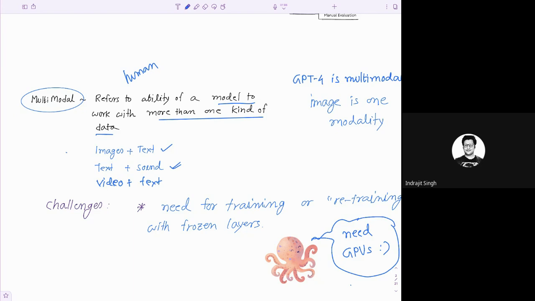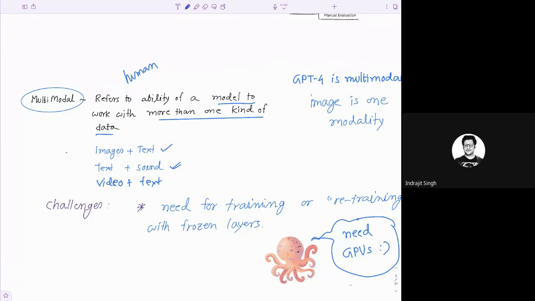Because when you have one kind of input, either you feed in only image or only text, it is definitely solving some problems. But the idea of these multimodal language models is to give different sets of inputs and try to extract information from these LLMs, right? Now that's fine.